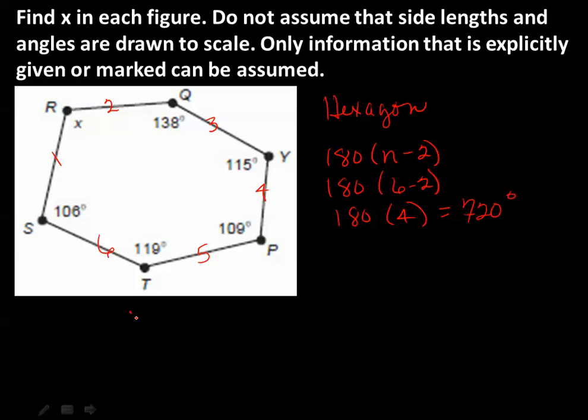And then I'm going to come down here. I'm going to say x equals 720 minus, then I got to add all these guys up. Okay, let me put those in my calculator right quick. Well, you know what?